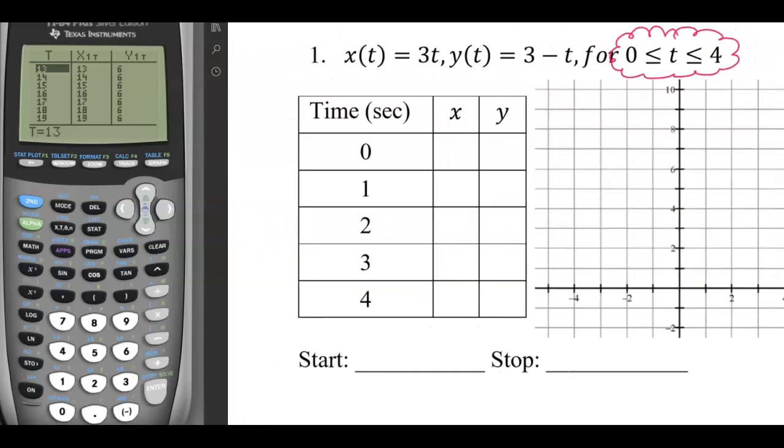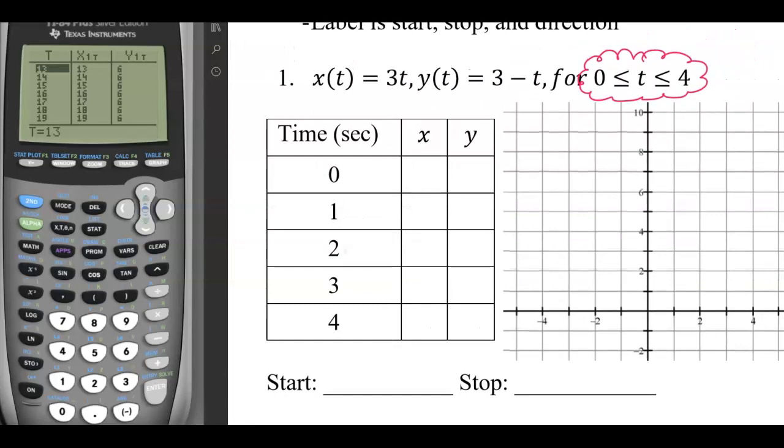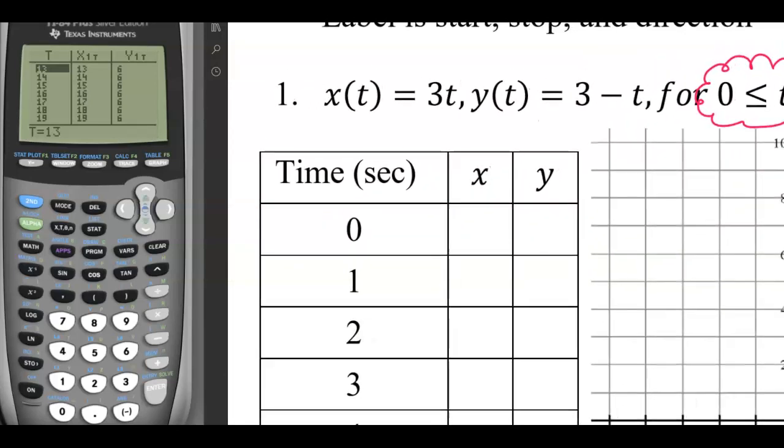So let's go back and do number 1. All you have to do is plug in values. We have a time value of 0, so I plug in 0 for t. What is my x parametric for time 0? 0. What's my y? 3.